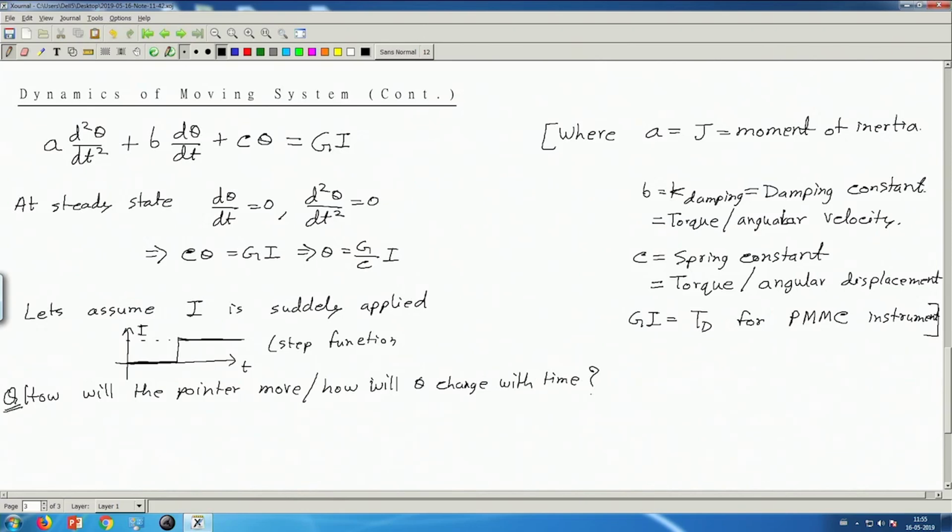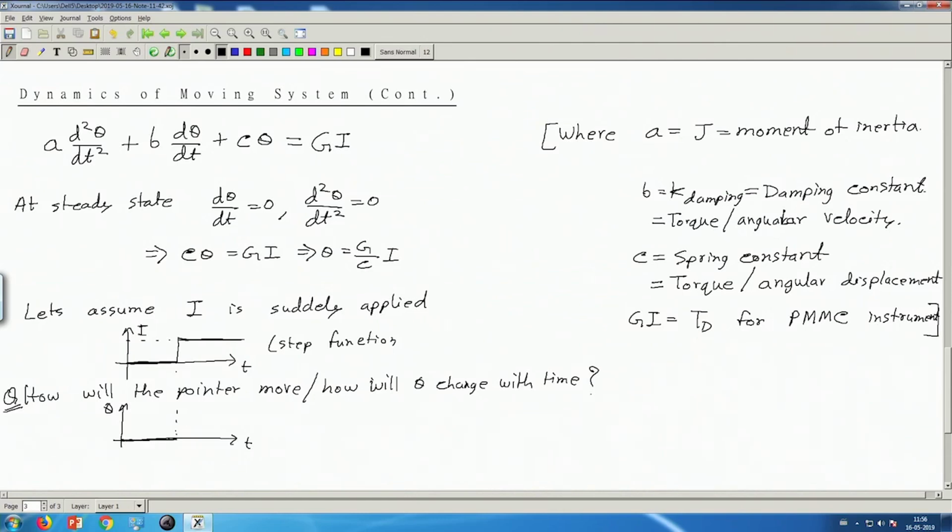Okay. So, theta initially should be 0. Let me draw once again theta here, say theta versus time t. So, theta should be 0 up to this position because there was no current. So, there should be no deflection.